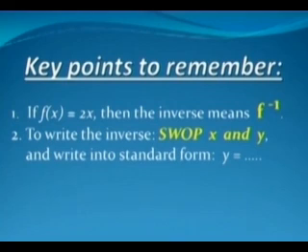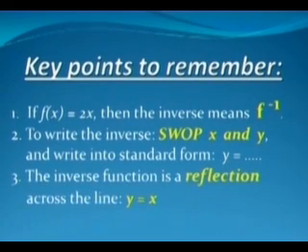Secondly, to write the inverse graph, normally what you need to do is swap the x and the y, and after that you write it into standard form. So once you swap the x and the y, you will have to write it in the form y equals, and you have to complete the equation.